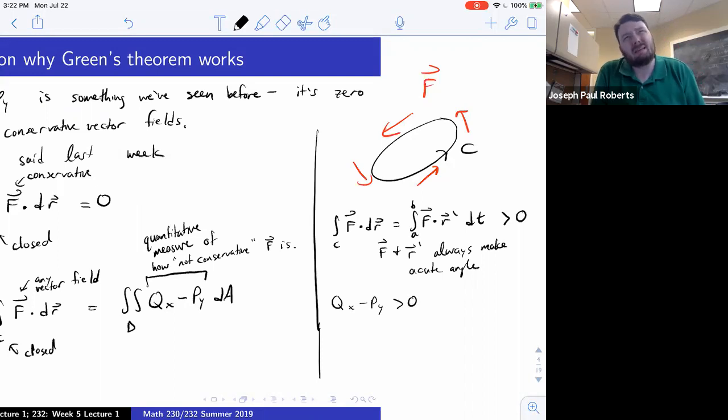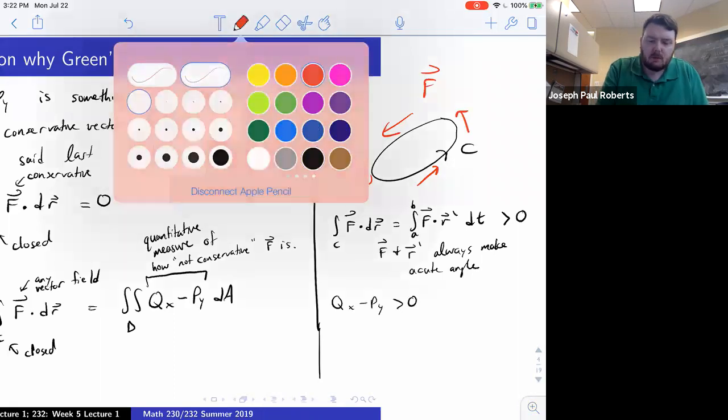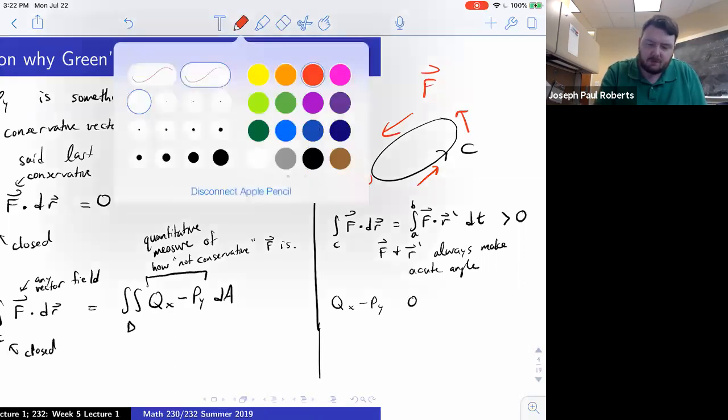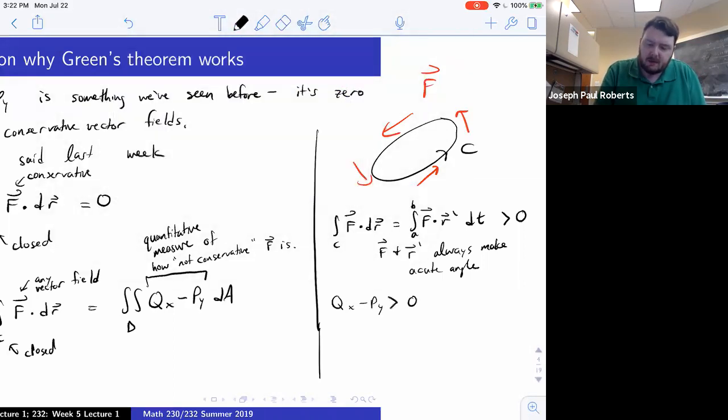We'll practice this. I probably won't do it all that much today, maybe a little bit, but it's on some of the homework and something we'll probably talk about in recitation. So I claim that Qx minus Py is positive. What you can do when looking at the picture of this vector field is just eyeball what these derivatives are doing.